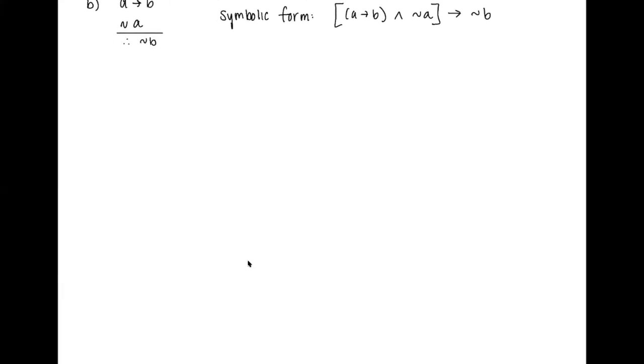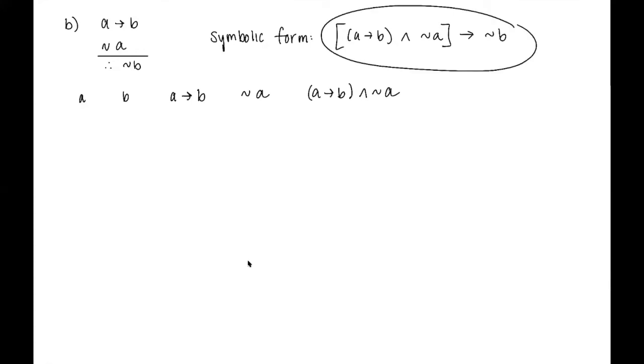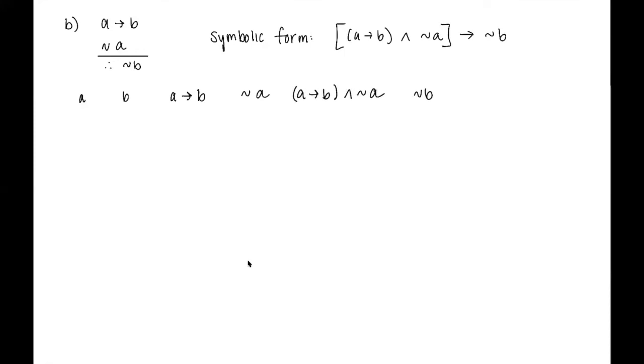So I've got two statements, A and B. I want to find premise 1, I want to find premise 2, I want to find them together. I need my conclusion before I can do this full statement. So I need to put not B here. And then I can go ahead and do this full argument. Give myself a little room.